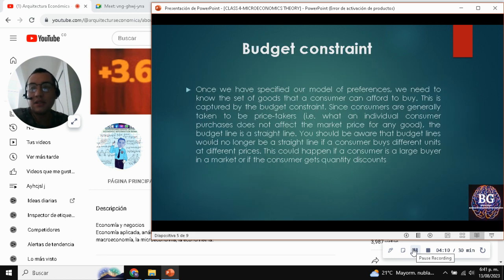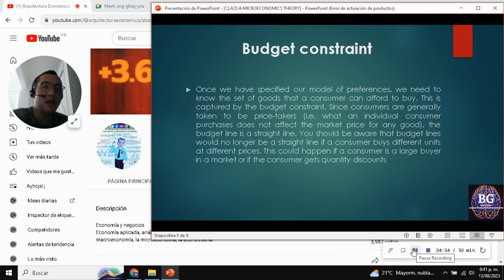Okay, budget constraint. Once we have specified our model of preference, we need to know the set of goods that a consumer can afford to buy. This is captured by the budget constraint. Since consumers are generally taken to be price takers, the budget line is a straight line.